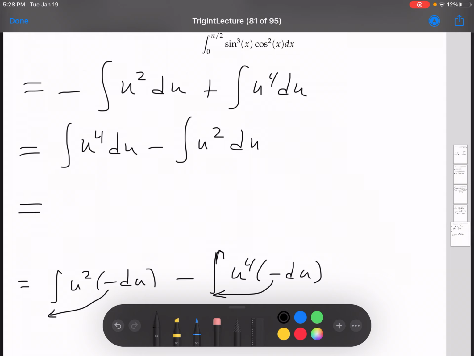Now taking antiderivatives, that's u to the fifth over 5 minus u cubed over 3 plus c.